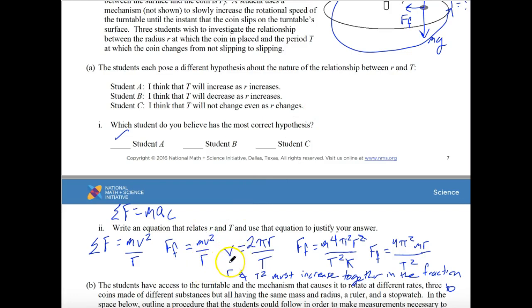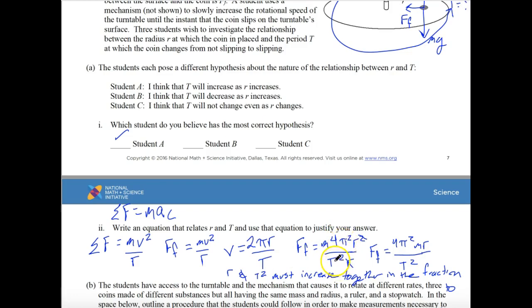We know that v, which is the speed of any object that is rotating, is 2 pi r over the period. Now we're going to plug this in for v. When we do that, we have to square the 2, square the pi, square the r, and square the T. So here is 4, which is 2 squared, pi squared, over T squared.